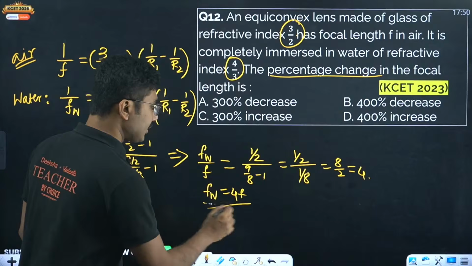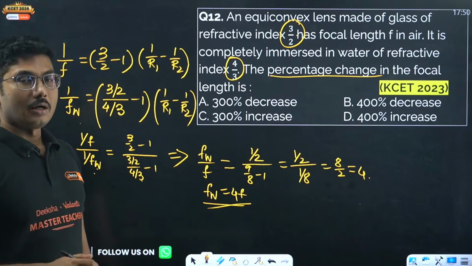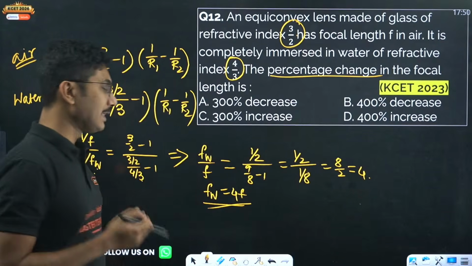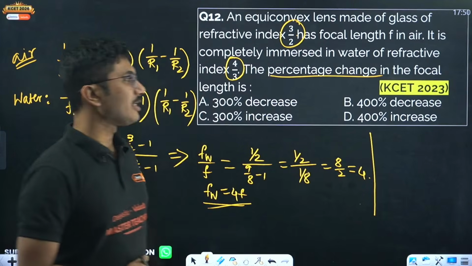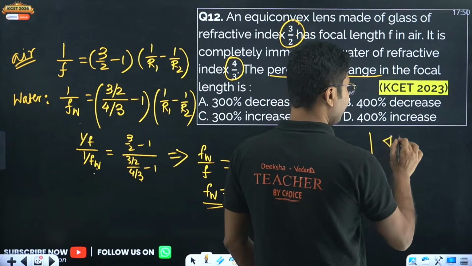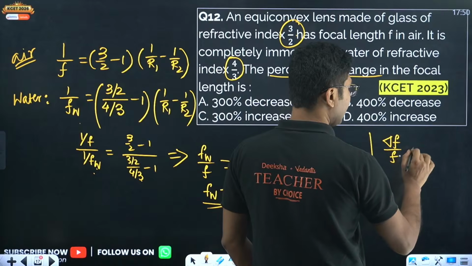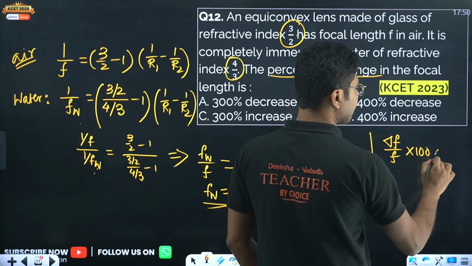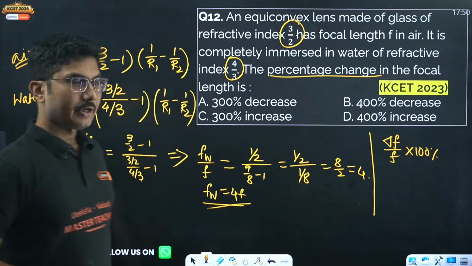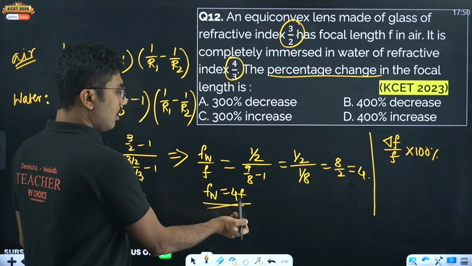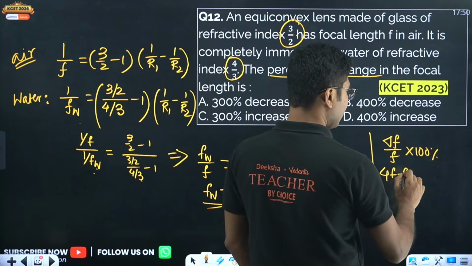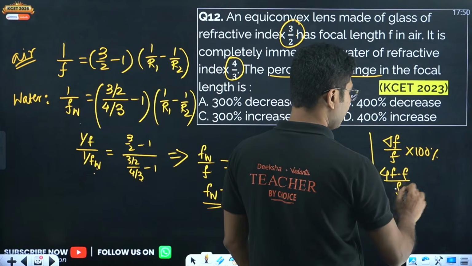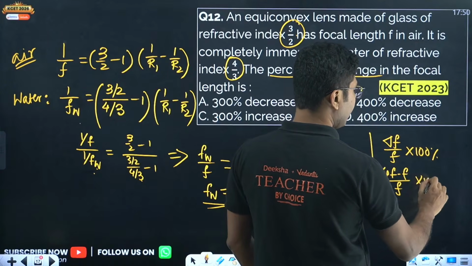But the question is not asking how much the new focal length will be. They are asking you the percentage change. Percentage change means change in focal length by original focal length into 100%. Change means final focal length minus initial focal length divided by original focal length into 100%.